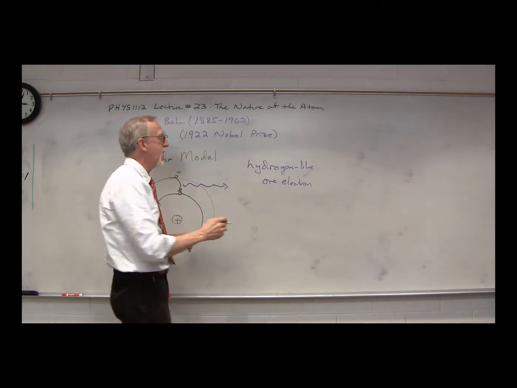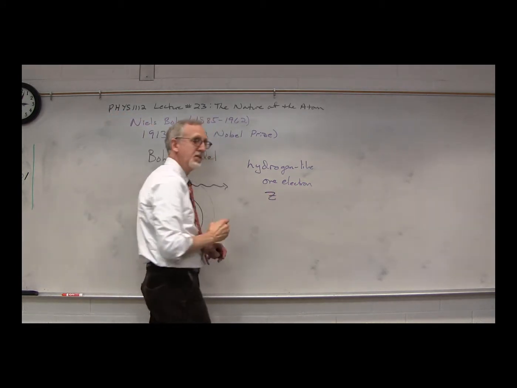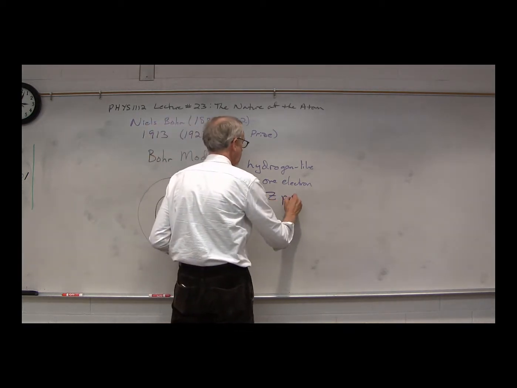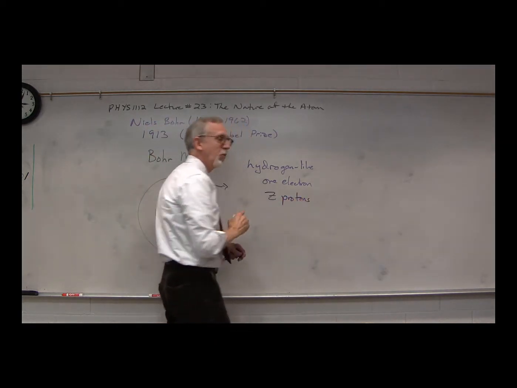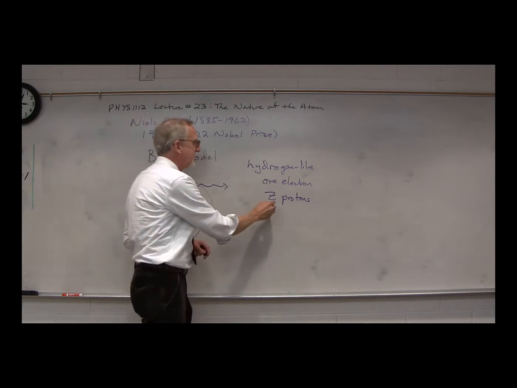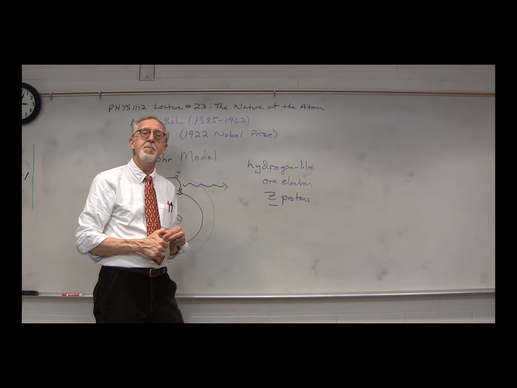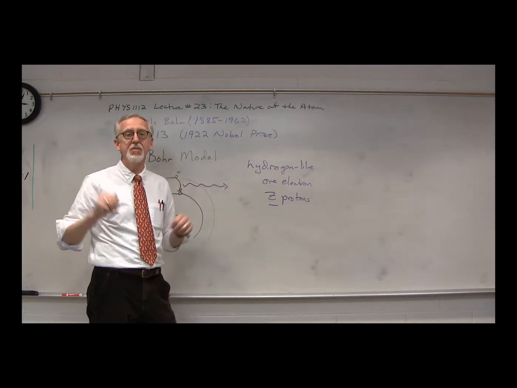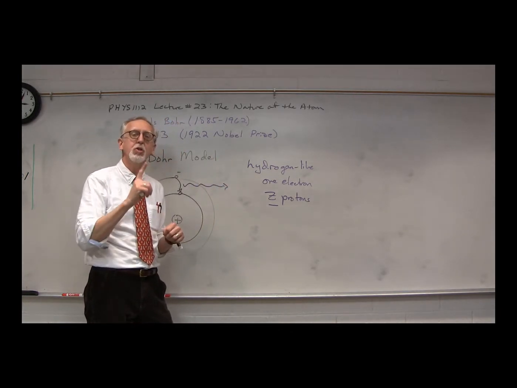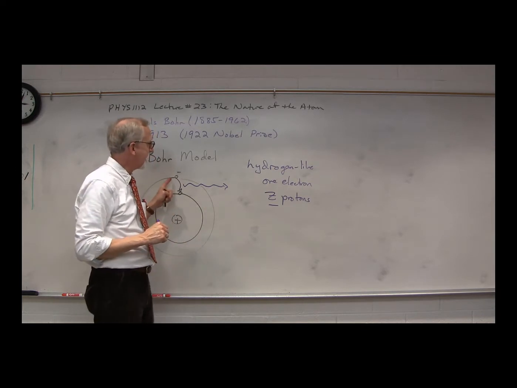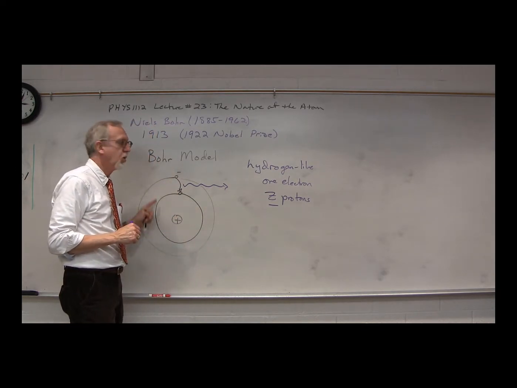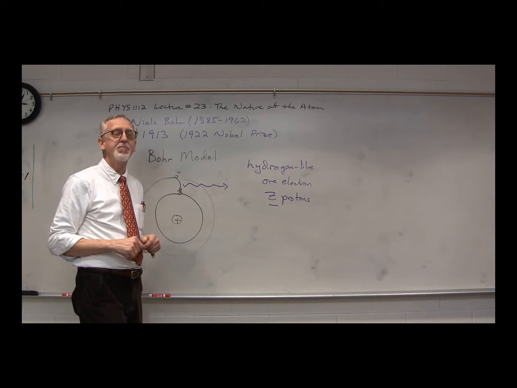We'll assume we have Z protons in the nucleus. In other words, we're going to look at an element of atomic number Z, so there are Z protons in the nucleus. But imagine that we strip off all of the electrons except for one. We're only going to leave one, and then we're going to look at how that electron will go around the nucleus. Great. That's what we're going to do.